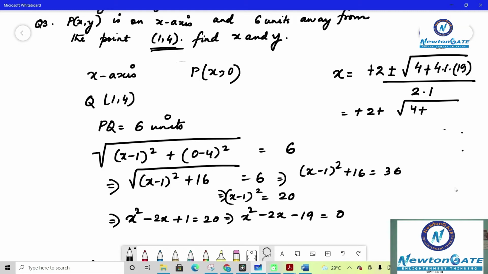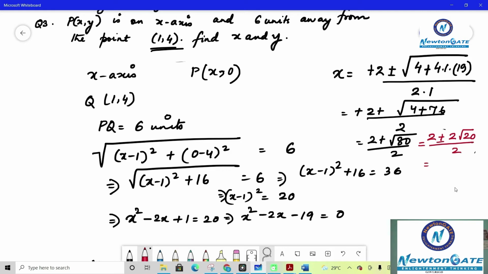2 plus root 76 by 2, which gives me 2 plus root over 80 by 2. On further solving we get 2 plus 2 root 20 by 2.